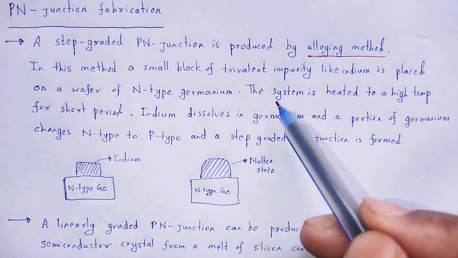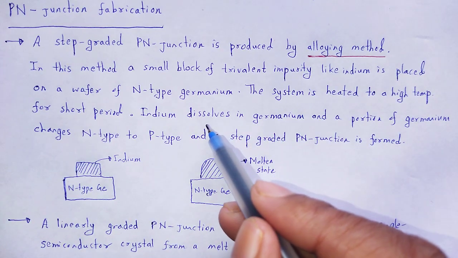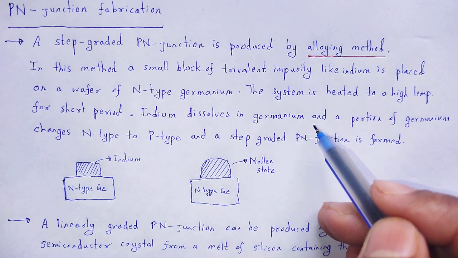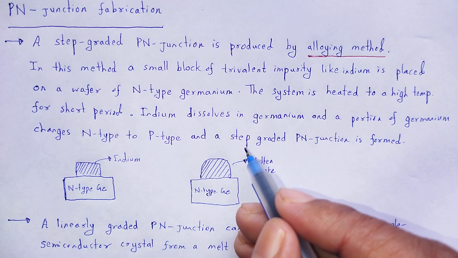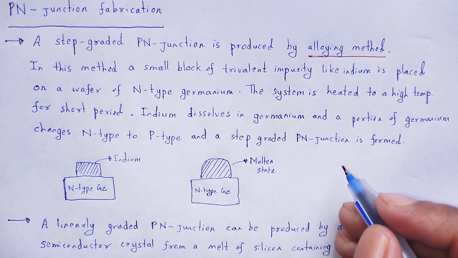So indium dissolves in germanium and a portion of germanium changes from n type to p type, and a step graded p-n junction is formed.